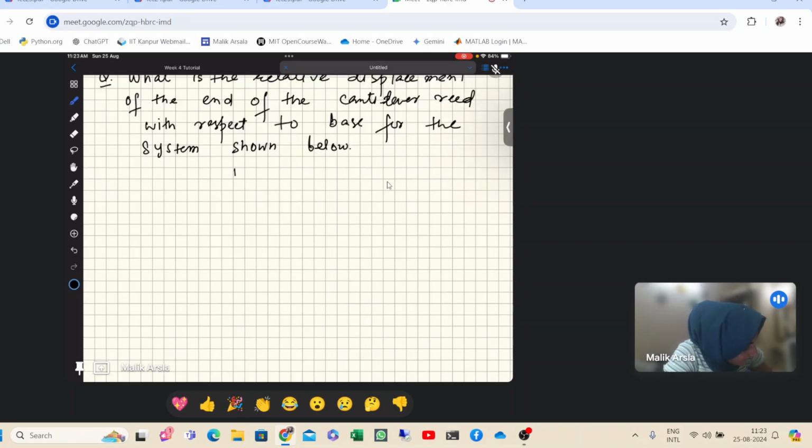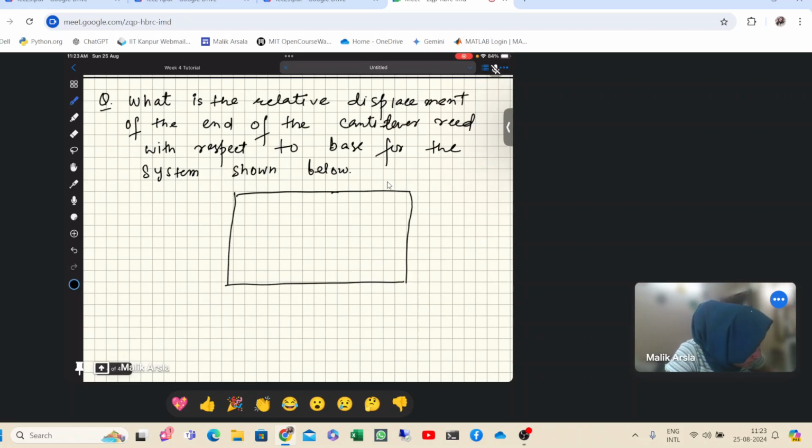So we have a reed, you know that it's used for frequency measurements. So this will be something like this, as a scale, and it's mounted here.